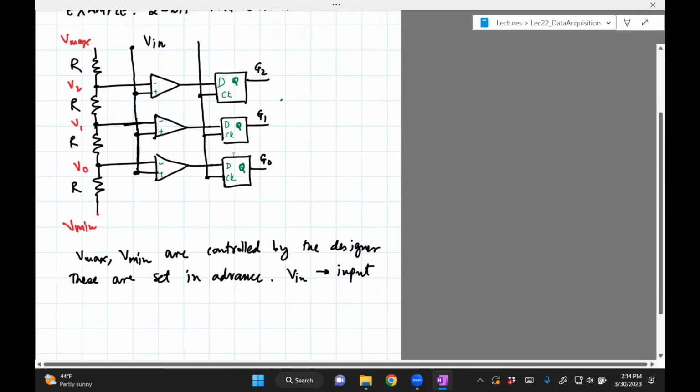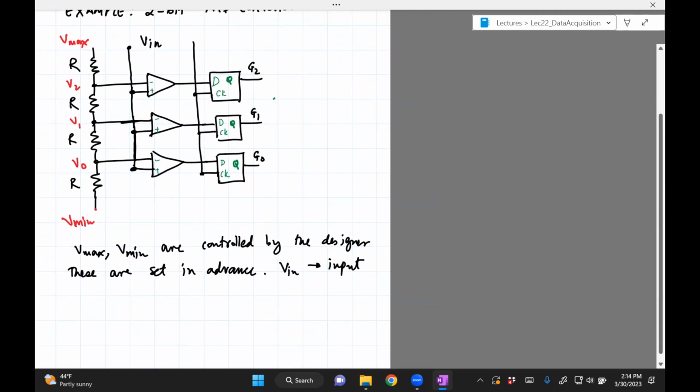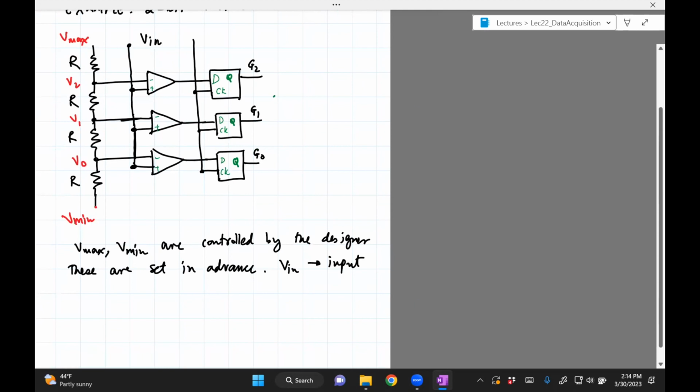Okay, now before we get started, this is something which we can do because we can figure out what voltage V2, V1, V0 are. So these are just reference voltages. They are a function of how we connect Vmax and Vmin.